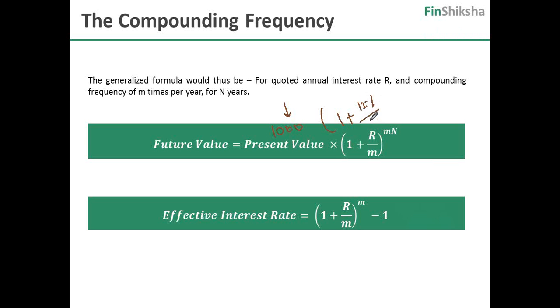Let's assume we are talking about monthly numbers, so I divided by M, which is the number of periods or the frequency, the number of times that you are compounding it during the year, multiplied by 12 multiplied by 1, because 1 year has 12 months effectively. So you get 1000 into 1.01 to the power 12 effectively. So that's the answer to the compounding frequency question that we take.